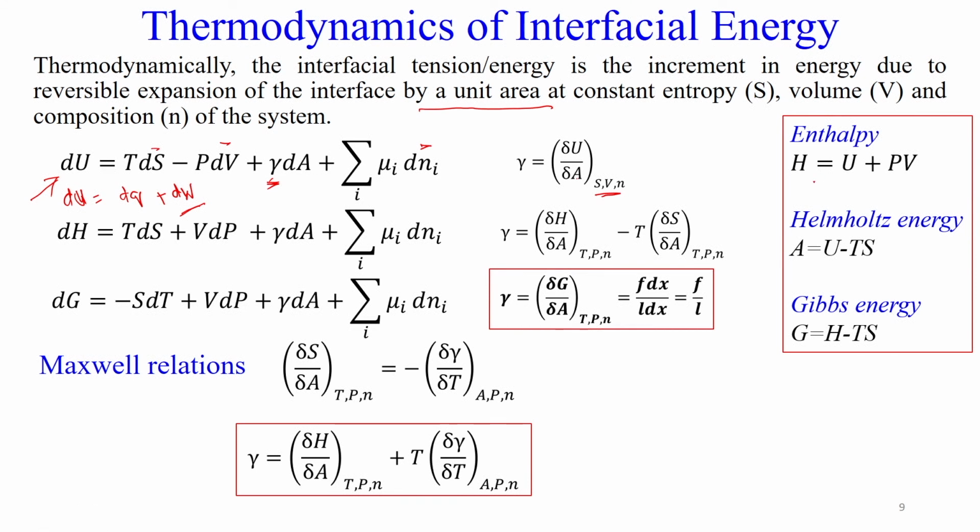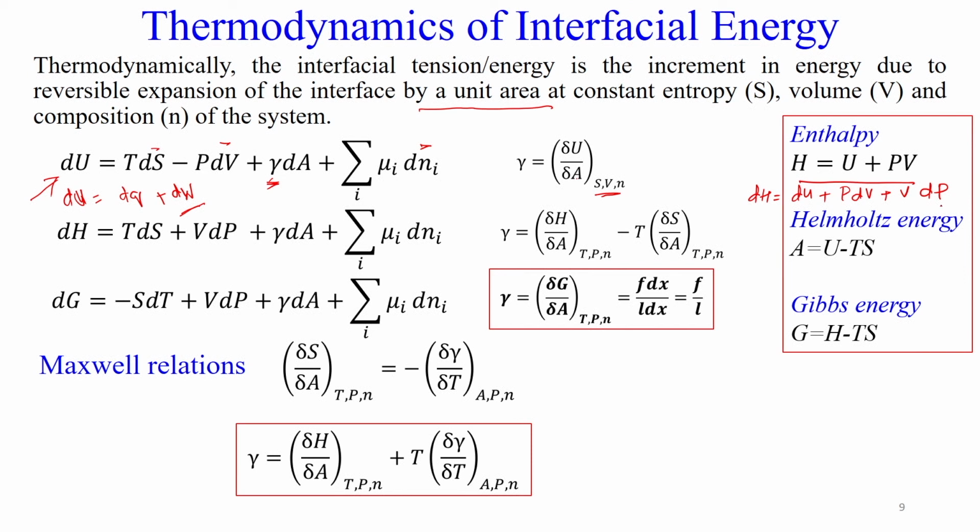Now, H is equal to U plus PV. So, we can simply derive dH. dH will be dU plus P dV plus V dP.